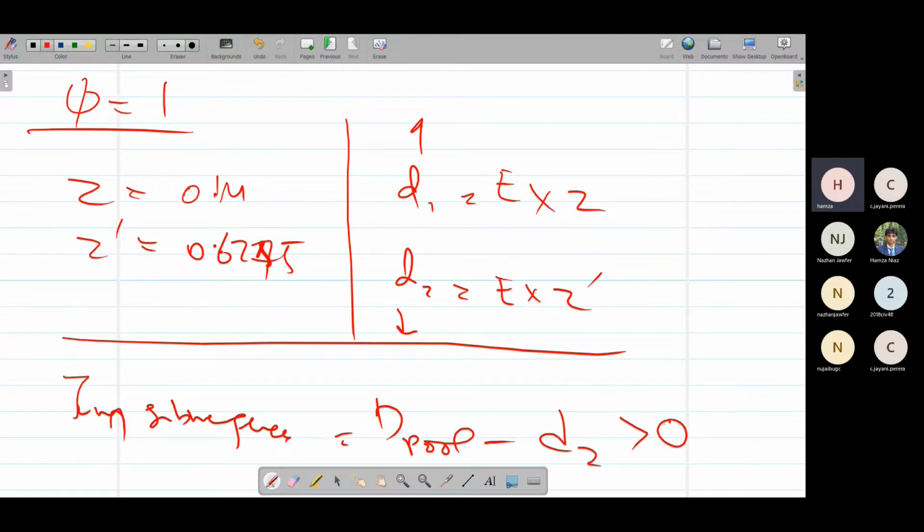If this value is positive, greater than 0, our jump is fully submerged, that is great. But if this value comes less than 0, we have to revise this, because our jump submergence would not be achieved. Alright, any issue in this? This is comparatively simpler.